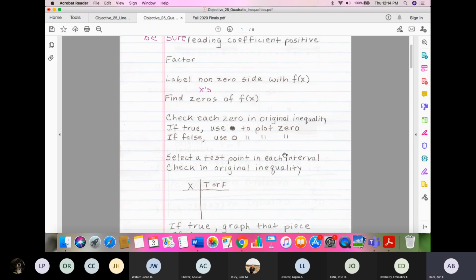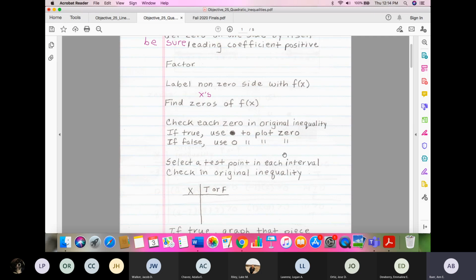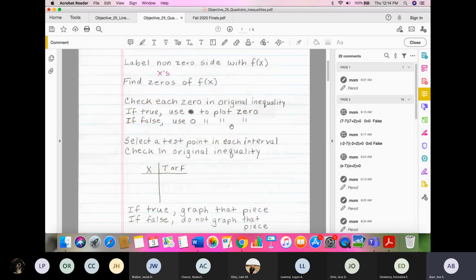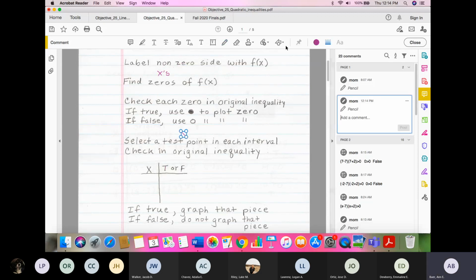After we plot the zeros, in ALEKS you're going to have 3 separate intervals. And you will want to select an x. That's the test point. A test point is actually an x. So this test point right here is actually an x. That's the x that we're talking about here.